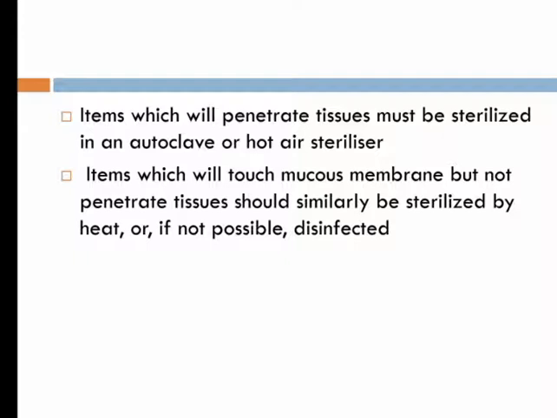Items which will touch the mucous membranes but not penetrate the tissues should similarly be sterilized by heat, or if not possible, be disinfected. It can be disinfected by immersion in 2% glutaraldehyde solution in a closed container according to manufacturer's instructions. All chemical residues must then be removed by thorough rinsing before use or storage.